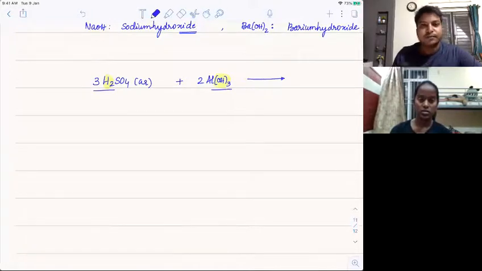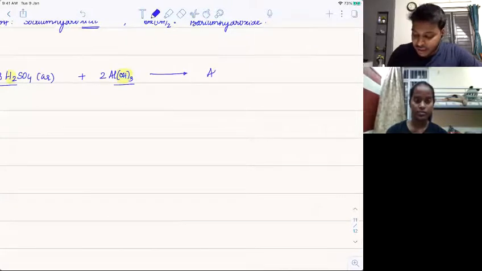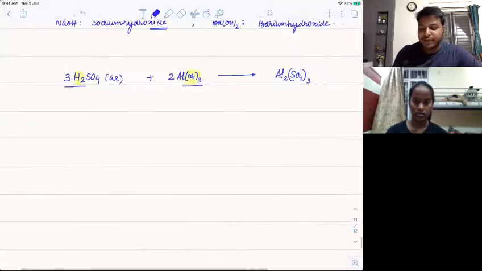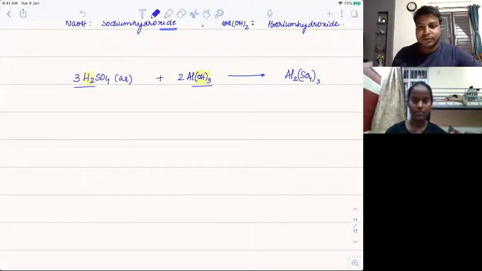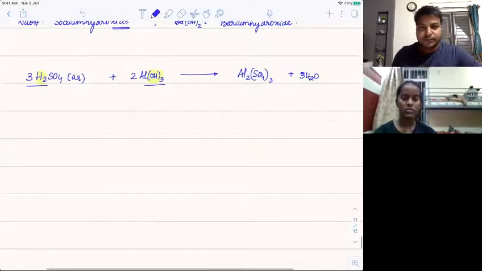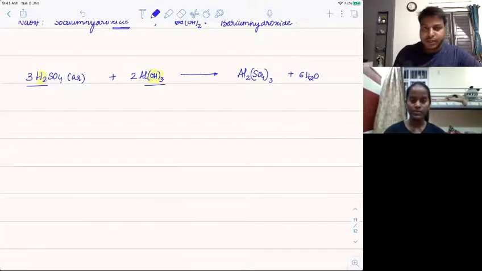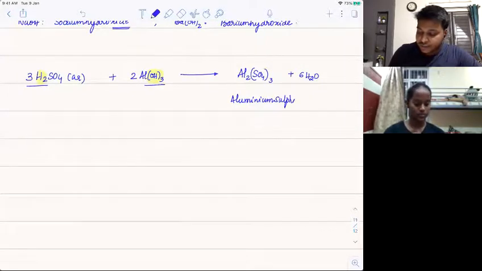So the name will be Al2(SO4)3, aluminium sulfate, and you form 6 moles of H2O.